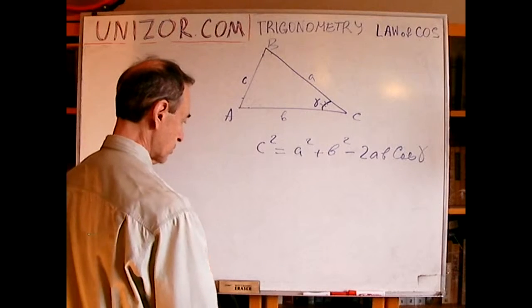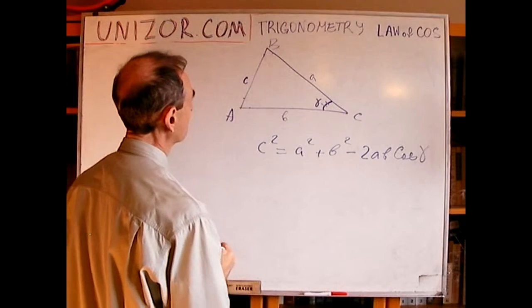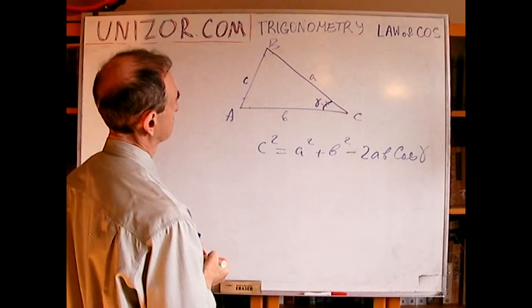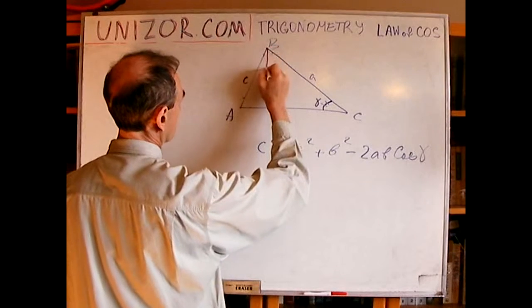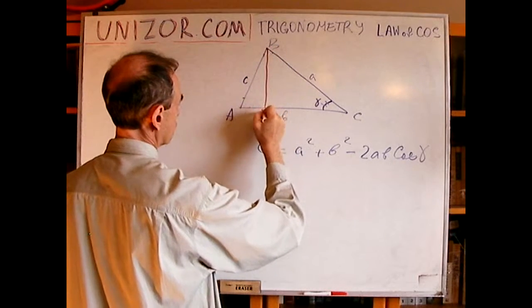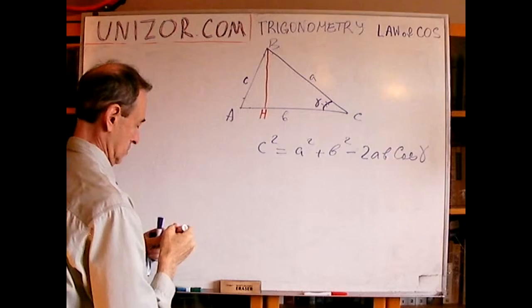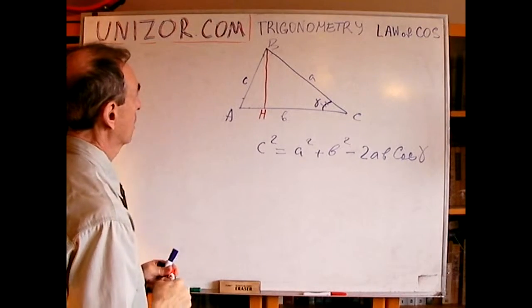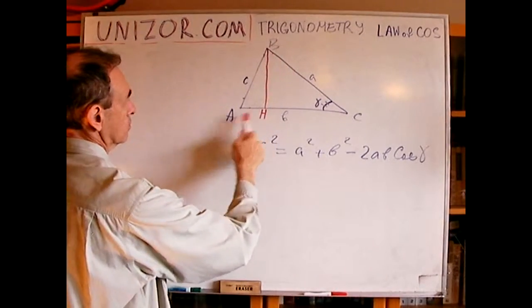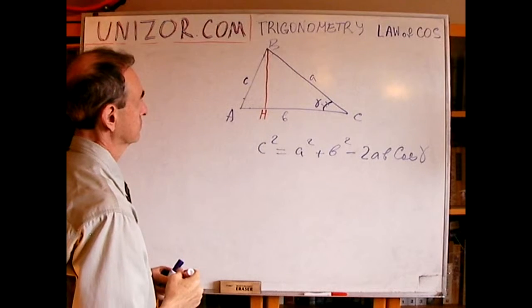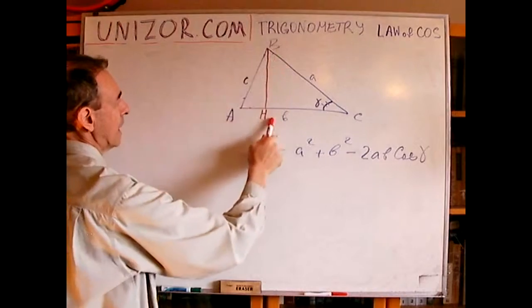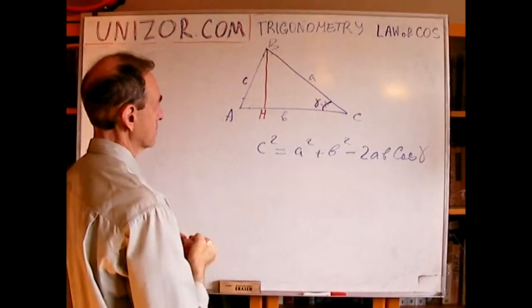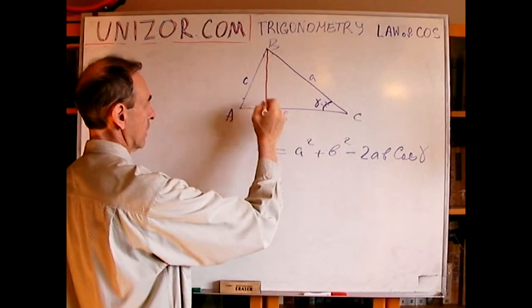And what I will do is put an altitude h from B to AC. Now, let's consider triangle BHC. This is an altitude, which means this is a right angle, right?